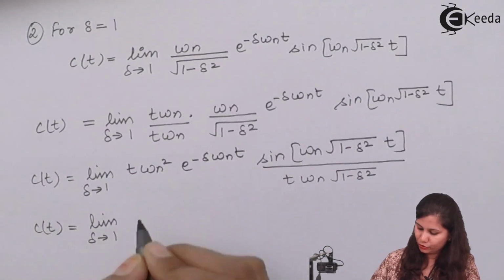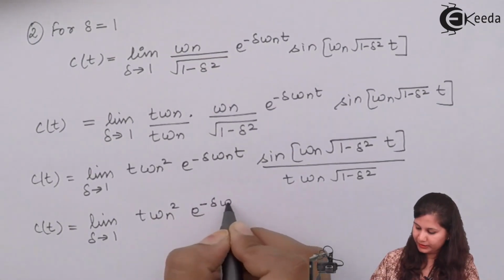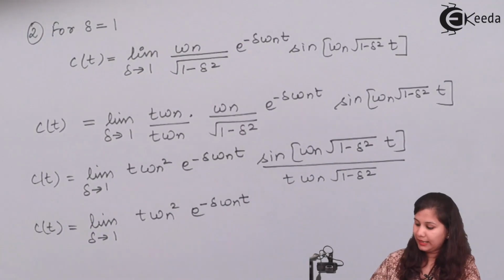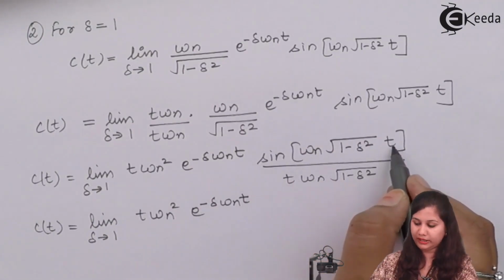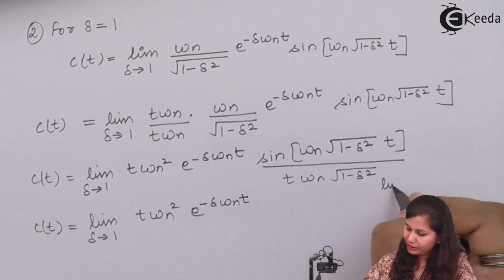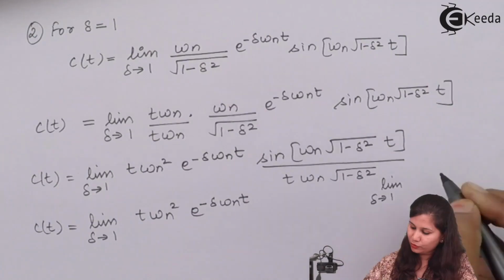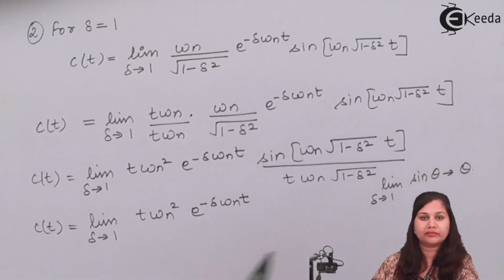limit delta tends to 1, t omega n square e raised to the power minus delta omega n t, and this is becoming omega n under root of 1 minus delta square t, and this can be cancelled with this, because if we apply the limit delta tends to 1 on sine theta, it will become theta.